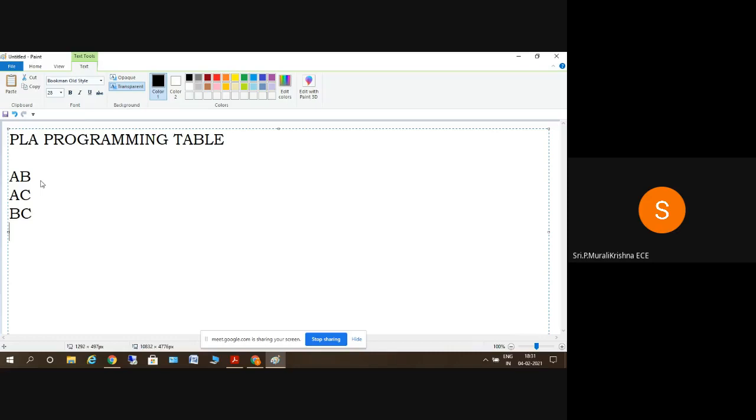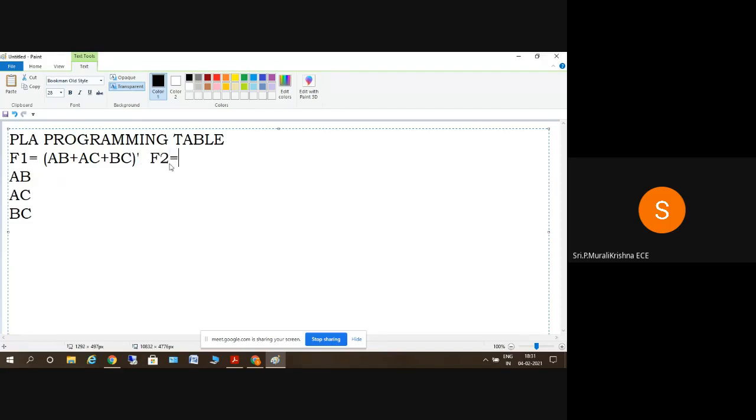True form in the sense, I'll write the equations. Why get confused? F1 is equal to, we are taking the complement form, so we put a complement mark there: (AB plus AC plus BC) whole bar. That is the meaning of complement form here.